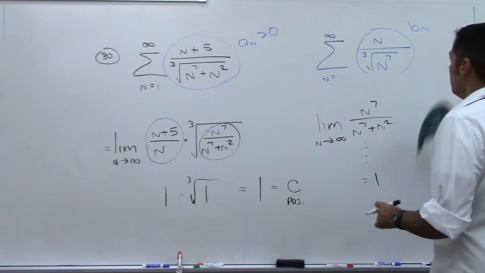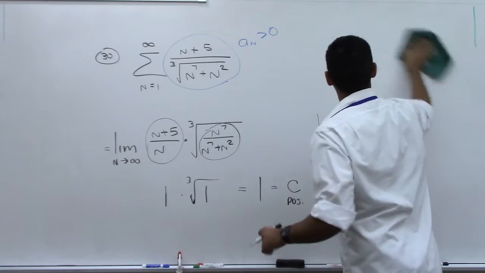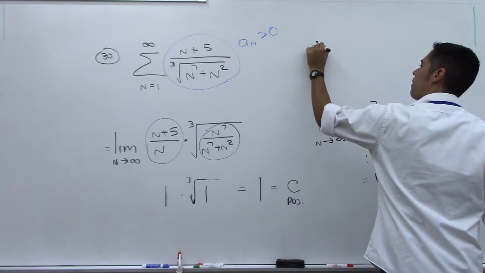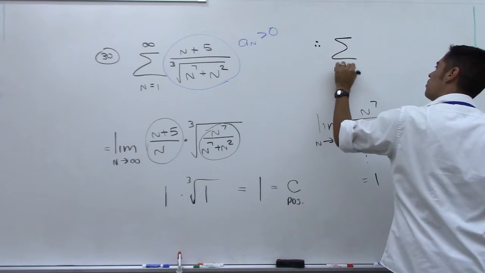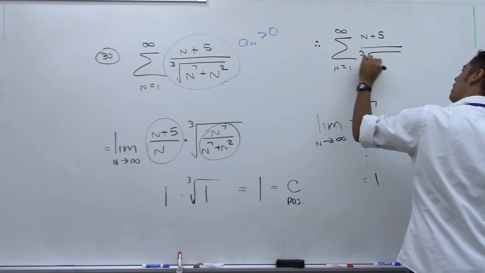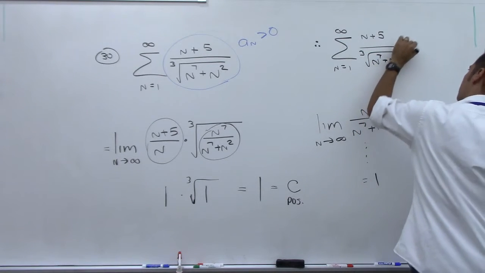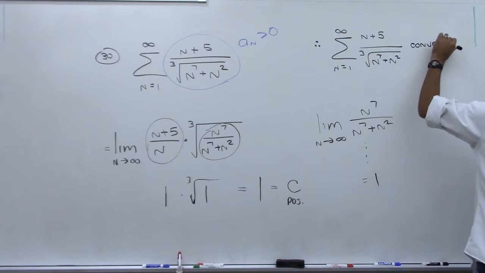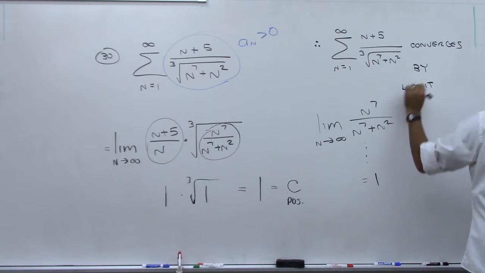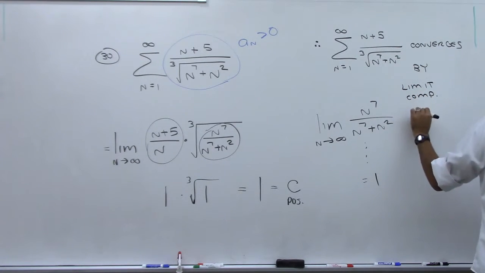So therefore, it converges. Therefore, the series n equals 1 to infinity, n plus 5 over cube root of n to the 7th plus n squared, converges by the limit comparison test.